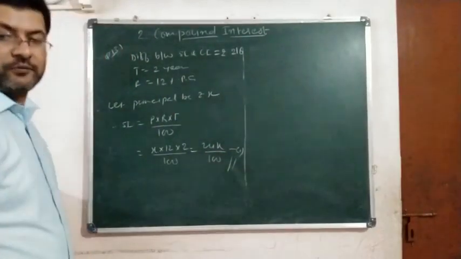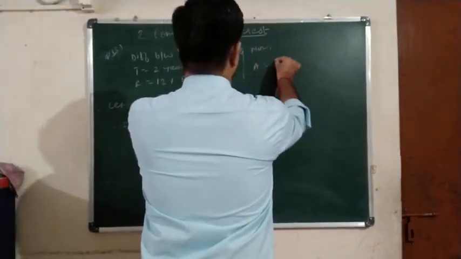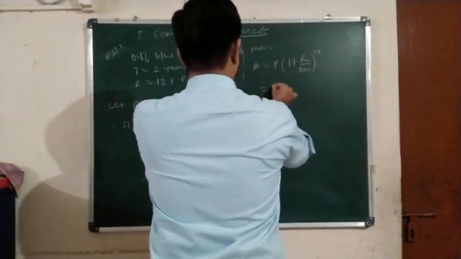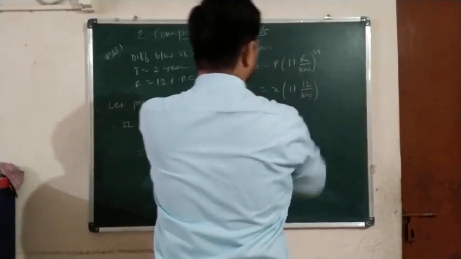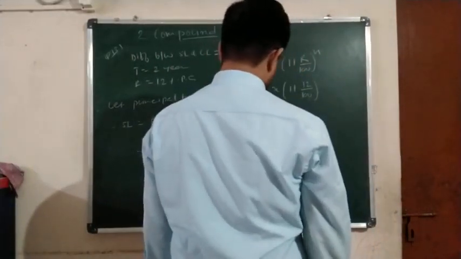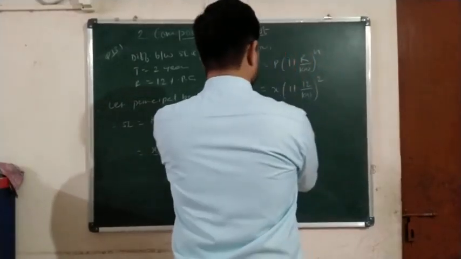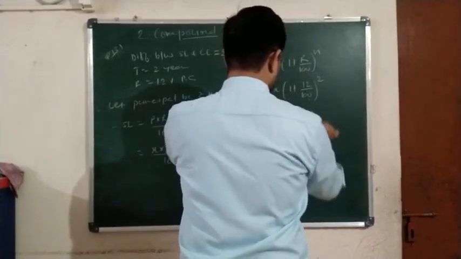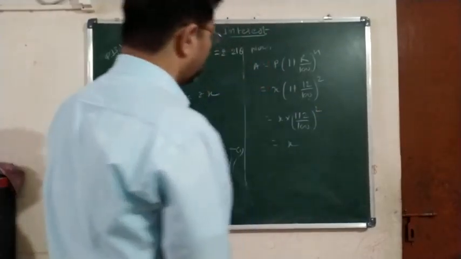Now we'll put the formula for amount. Amount A is equal to P into 1 plus R upon 100 raised to n. So X into 1 plus 12 upon 100 raised to 2, since time is 2 years, is equal to X into 112 upon 100 raised to 2.